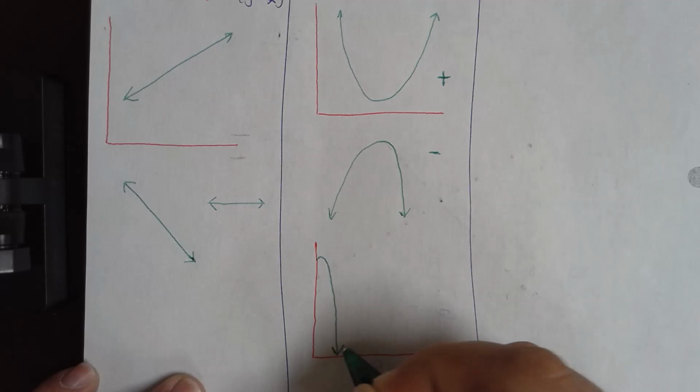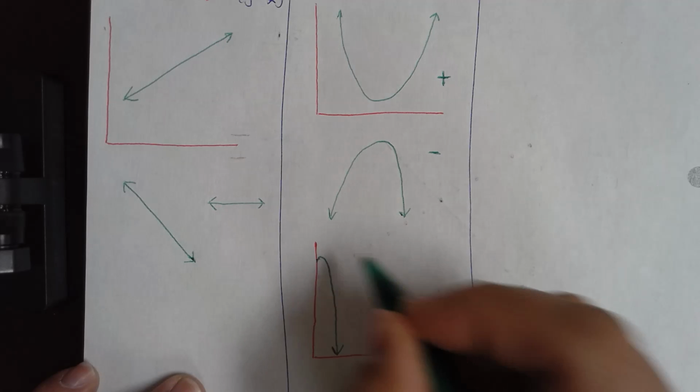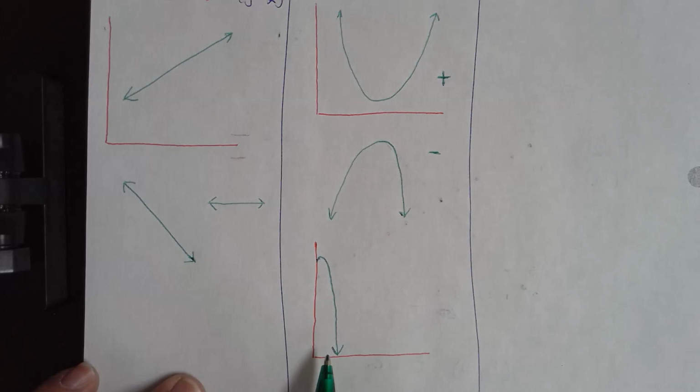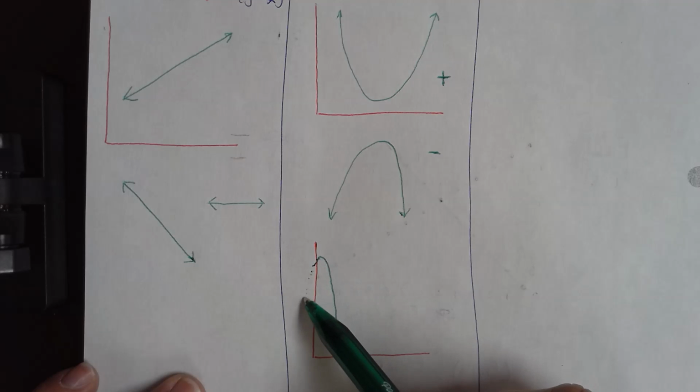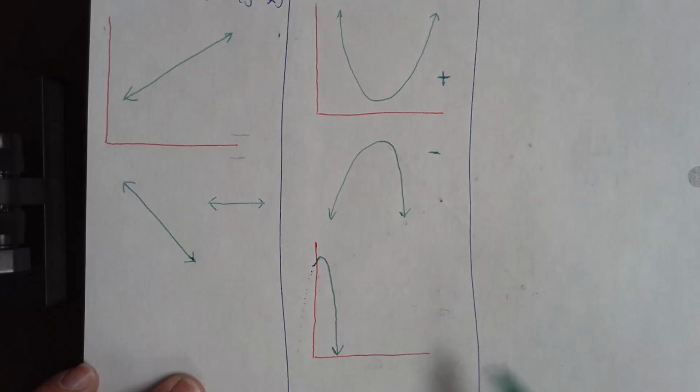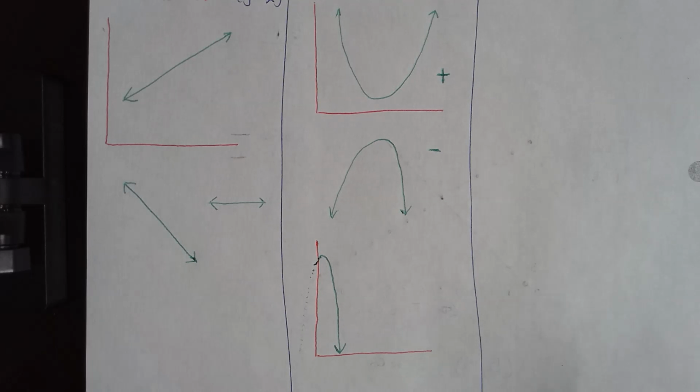This was an example of a quadratic equation, but we only saw part of it. If we wanted to, we could extend his equation down the other side, and it would basically turn on itself. But sometimes we're only going to see that one half.